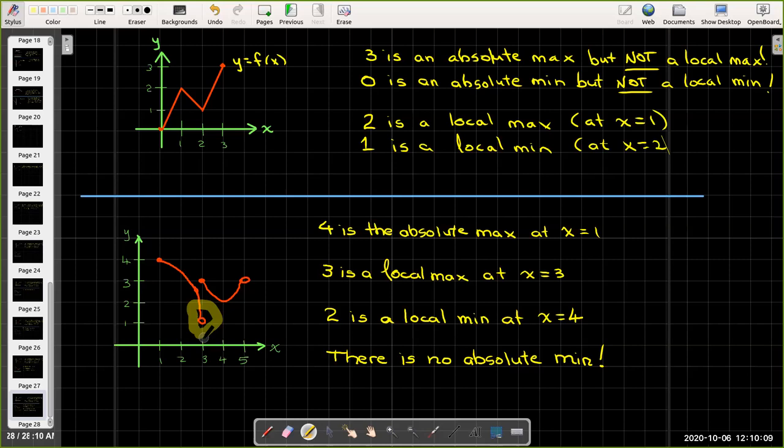So you can't say that 1 is an absolute min because there is no x value where f of x equals 1. f of 3 jumps up to be 3. So that situation is odd because we have that jump discontinuity. And in our next video, we're going to see that when we have a continuous function, things are more intuitive and they make more sense.